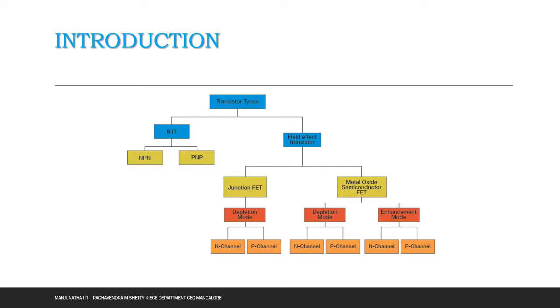Inside the metal oxide semiconductor FET again two different types, enhancement mode and depletion mode. Based on the operation, if MOSFET is working under enhancement mode, that is enhancement mode MOSFET. In case MOSFET is working under depletion mode, it is depletion mode MOSFET.